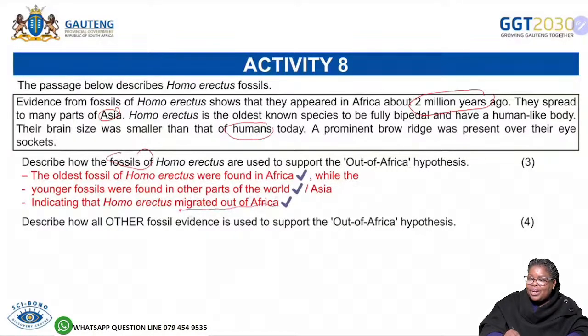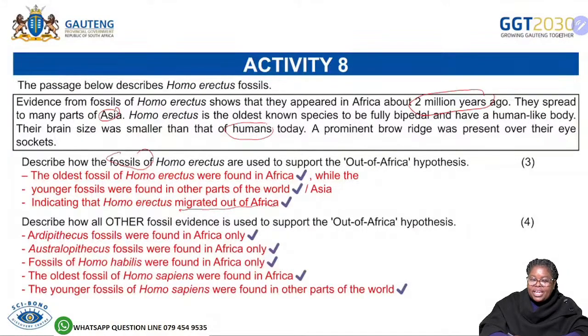Now, what is the difference between the two questions? This one, you are describing the fossils of Homo erectus as given in the passage, but this one, describe how other fossils. Remember, this one, we were referring to the Homo erectus given here, but in this case, describe how all other fossils.